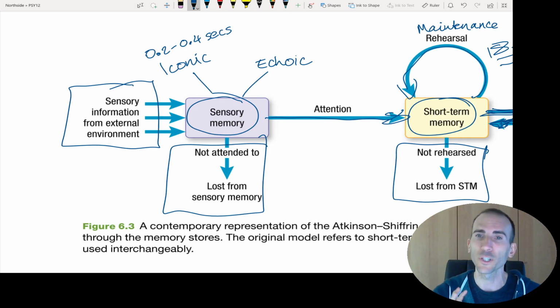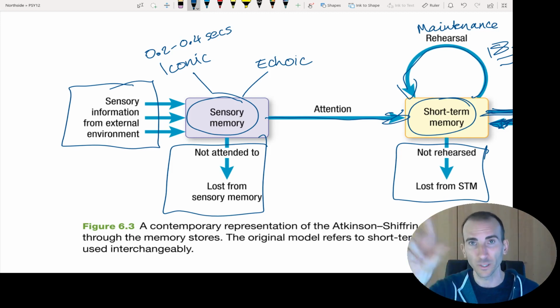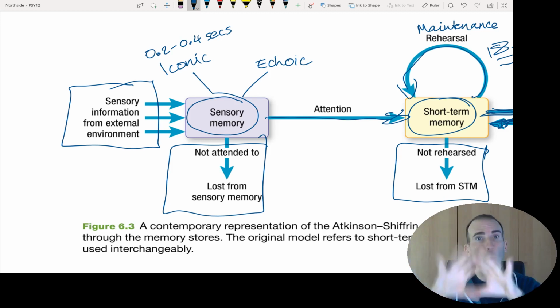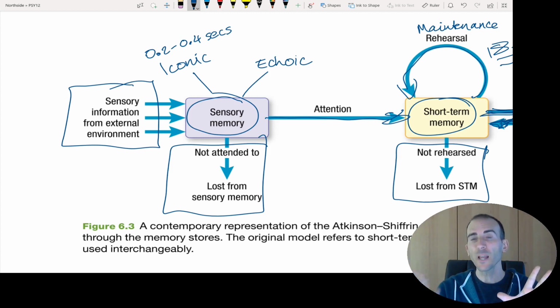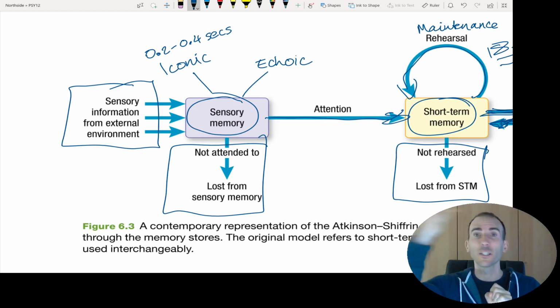There's also a thing called the Sperling test, and in the lesson I'll put a link to it in case you want to check that out. What they do is they present multiple letters, more than you could possibly remember. And then they play a sound to let you know which part you need to recall. They'll flash them really fast, play a sound, and if the sound's high pitch, you just need to remember the top.